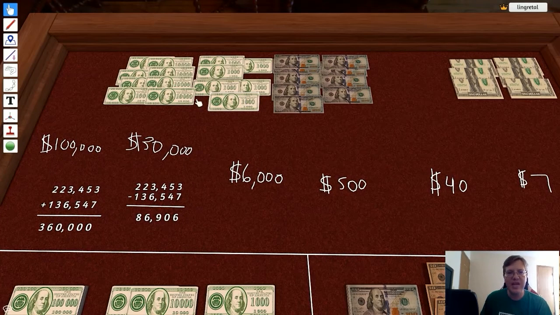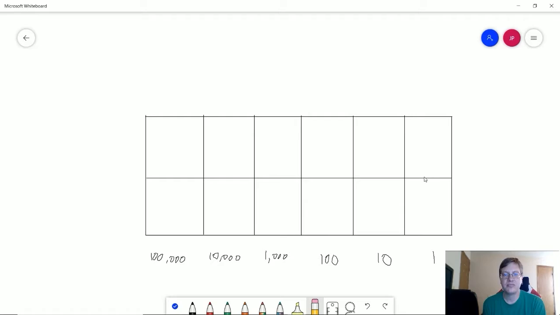So when I'm finished, I have 8 $10,000 bills, 6 $1,000 bills, 9 $100 bills, and 6 $1 bills, which gives me a total of $86,906.